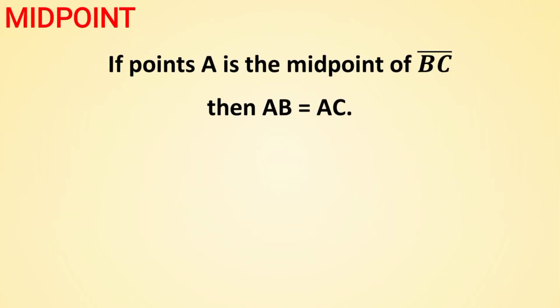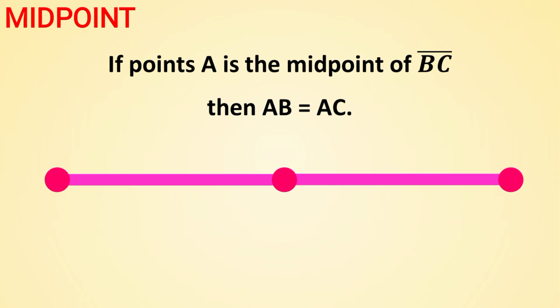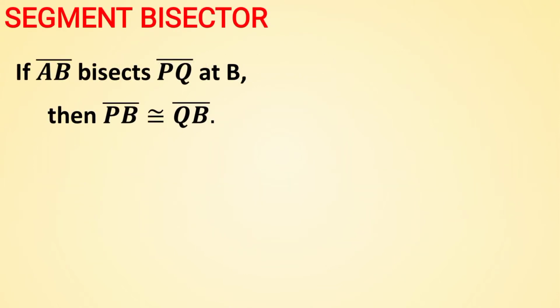Midpoint. If point A is the midpoint of segment BC, then AB is equal to AC. And here is the figure. Segment bisector.